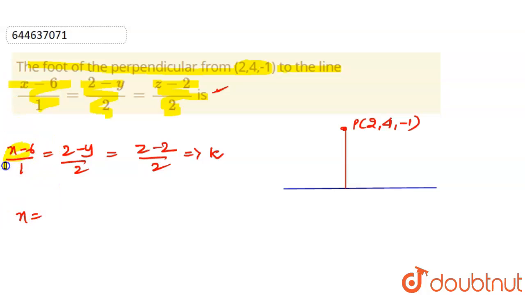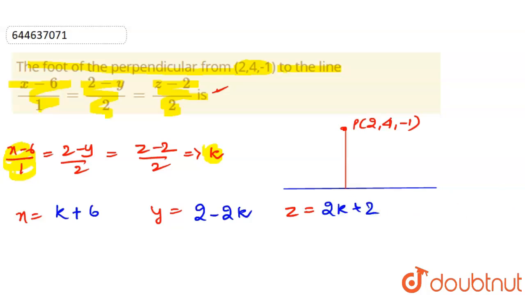Comparing these relations gives us x = k + 6, then y = 2k - 2, and since it is minus y, we multiply by minus on both sides and get 2 - 2k. Similarly z will be 2k + 2.